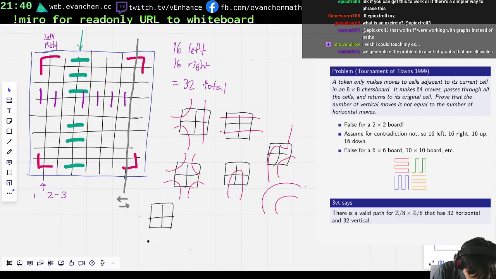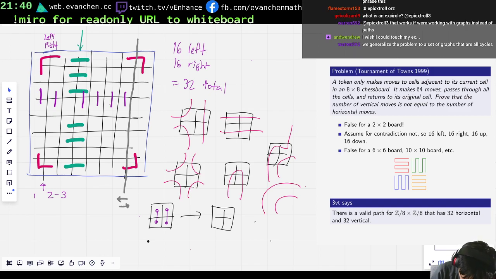Thank you, Epic Draw. So, the idea is if I have this shape, you can apply an operation where instead of this, you replace it with that. And you keep doing this until it's no longer possible.